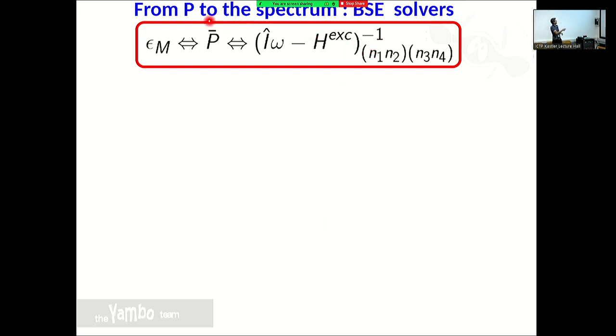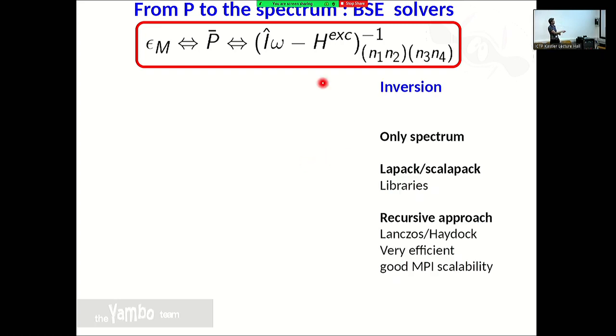And then, in general, let's forget for a moment about spin. We have this big matrix, and we have to solve it. And in the Yambo code, we have different strategies to solve this excitonic problem. So one way is that you just take this matrix, this expression, as you see, it's an inversion, and then you directly perform the inversion of this expression.